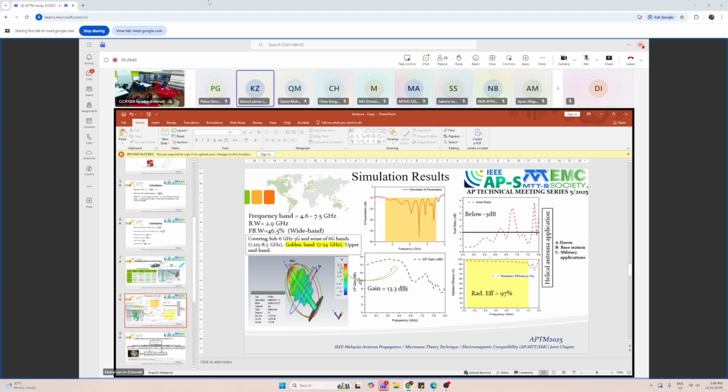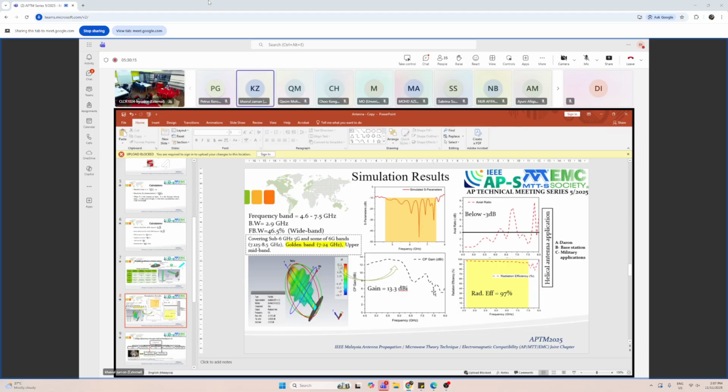And the gain as well is high, which is 13.3 dBi, from 4.6 until 7.5. But usually for a wideband antenna, the gain increases when the frequency increases. I mean, the gain will be increased at the high frequency. But here, as we can see, it drops.